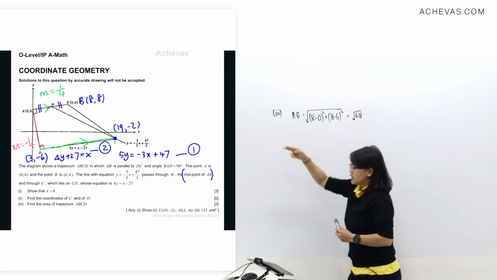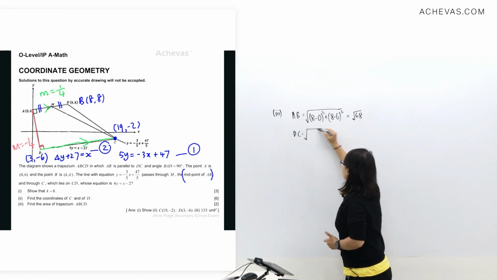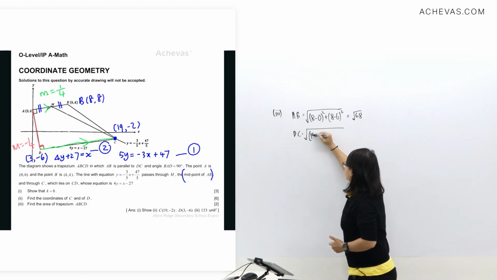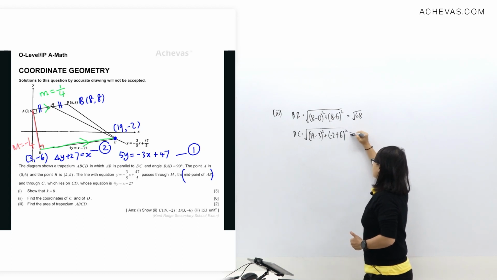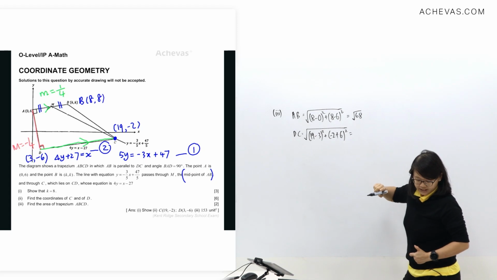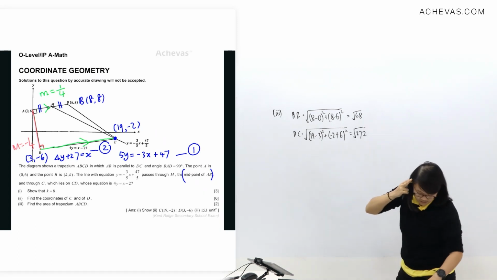Let's proceed to the parallel sides, which is D to C. Distance formula again. So we have 19 minus 3 squared plus negative 2 minus negative 6, I'm going to switch it to plus. And this one here will be square root of 272.